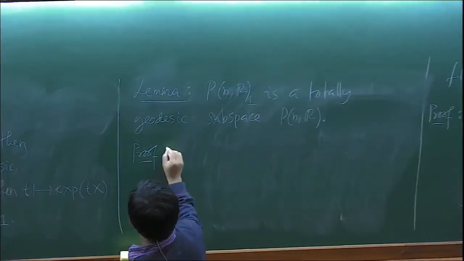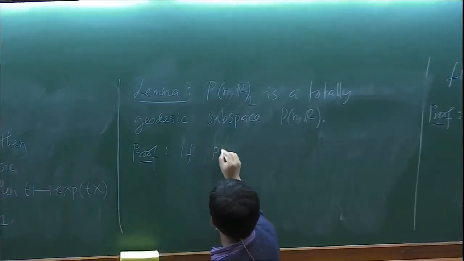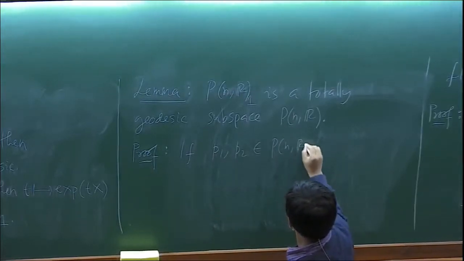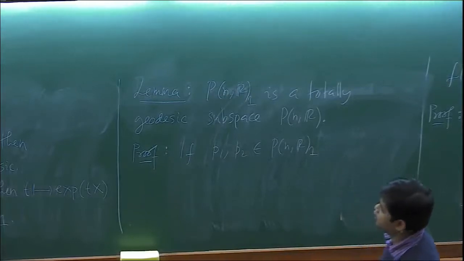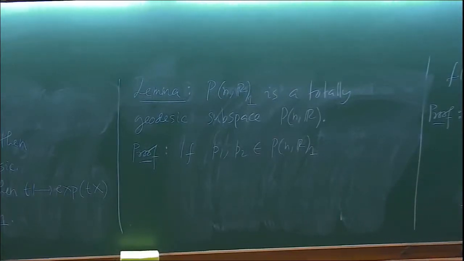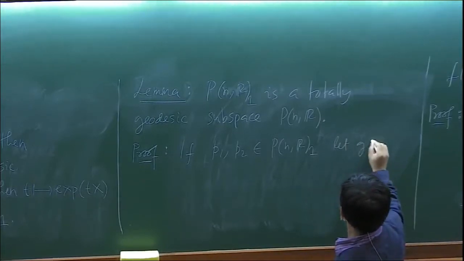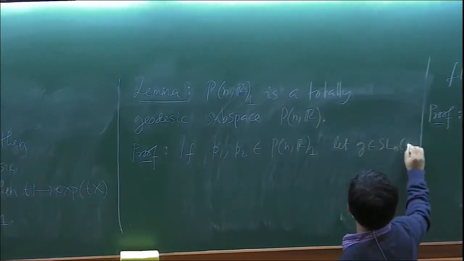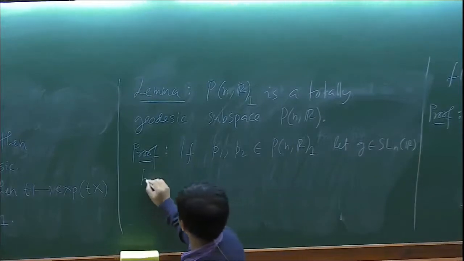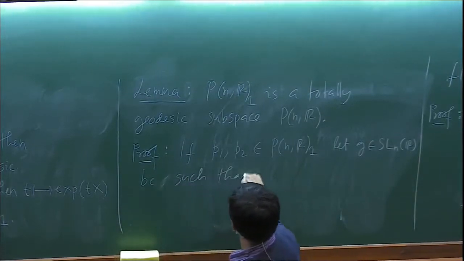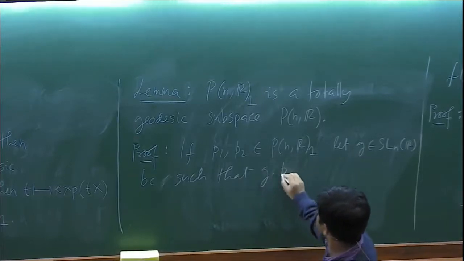So, proof. If I have two points P1 and P2 inside PnR1, we know that SLnR is acting transitively on this one. So let g inside SLnR be such that g dot P1 is identity.